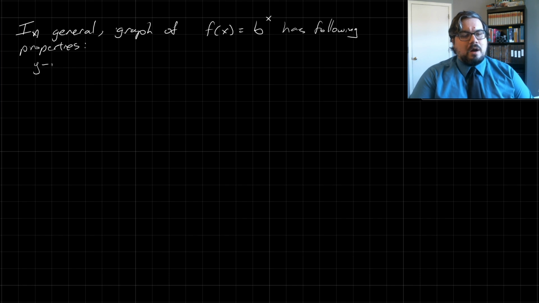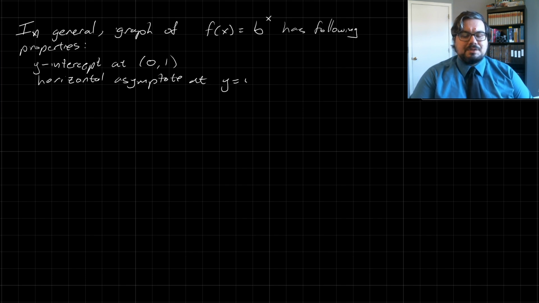It has a y-intercept at the point 0, 1. It has a horizontal asymptote at y equals 0. It is increasing if b is greater than 1.